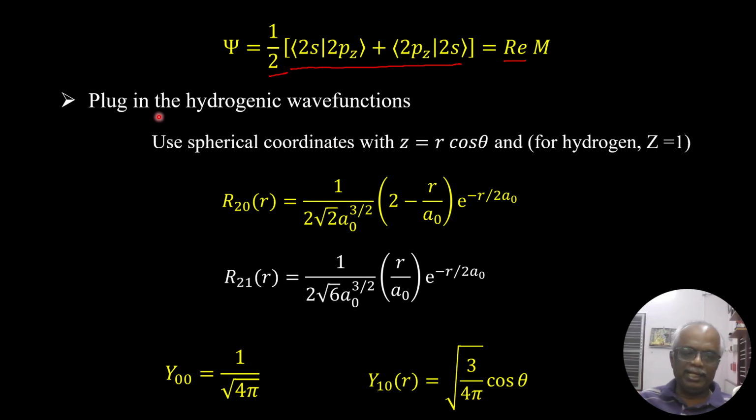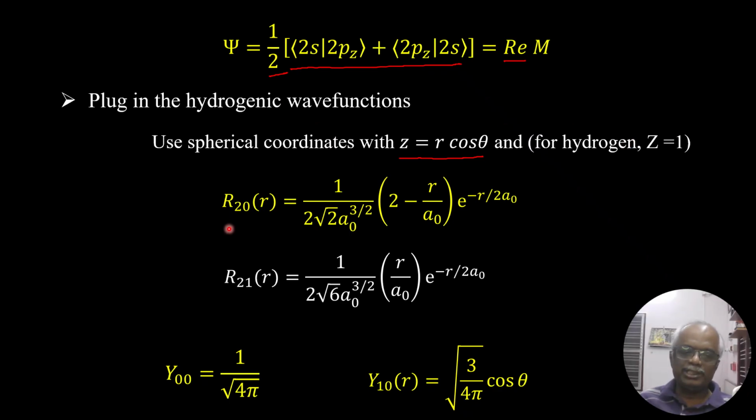So plug in the hydrogenic wave function. We know the hydrogenic wave function. Use spherical coordinates. In three-dimensional spherical coordinates, z is equal to r cos theta. You know it very well. And for hydrogen, Z is equal to 1.